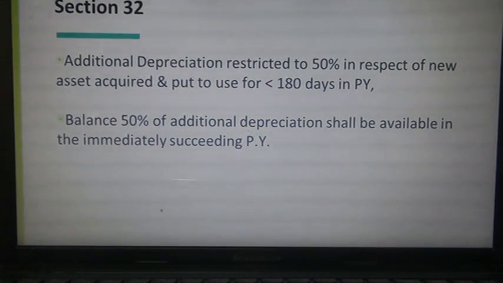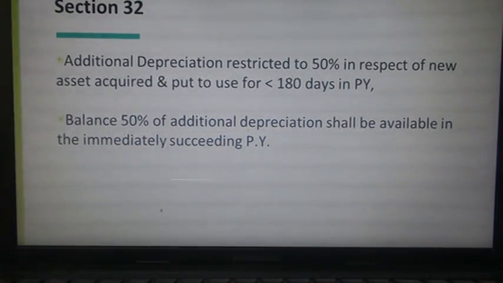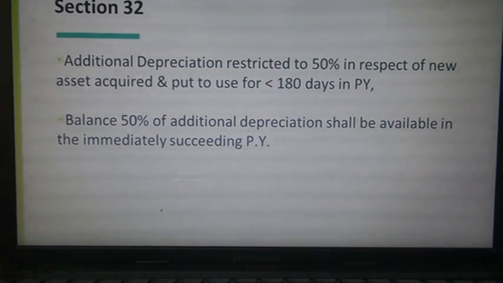With this amendment of 2015 coming in, the amendment now states that if there is certain additional depreciation which the assessee is claiming on an asset which is purchased and put to use for less than 180 days during the year, the balance 50% of the additional depreciation which was not allowed in the year of put to use will now be allowed in the subsequent previous year. So there is this relief that this assessee can claim the balance additional depreciation in the immediately succeeding previous year. A welcome amendment, I would say.